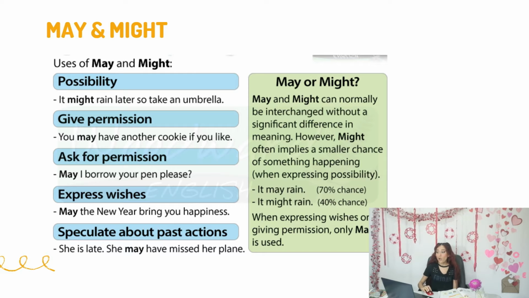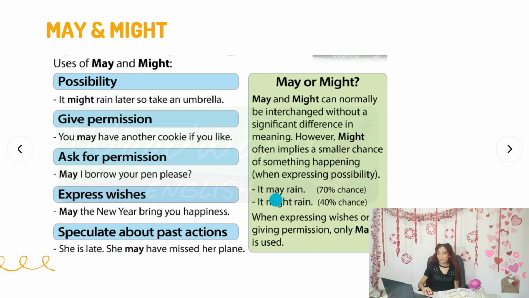However, sin embargo, might often implies a smaller chance of something happening. So it means that it's more possible when you use may, when expressing possibility. For example, it may rain, 70% of chance.